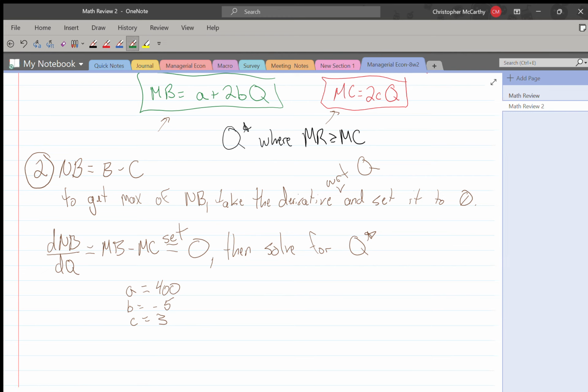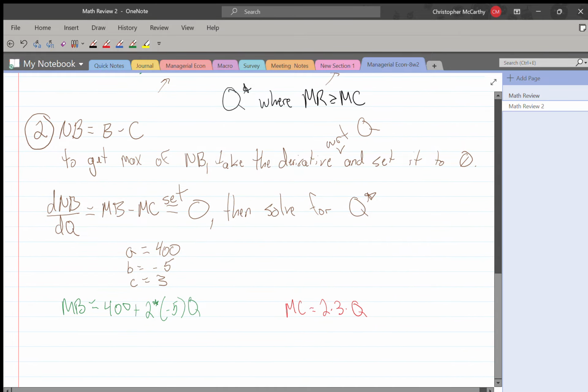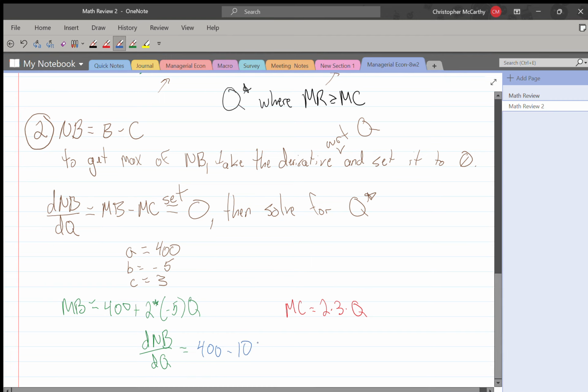And we find that our marginal benefit is equal to 400 plus 2 times -5Q, and then our marginal cost is equal to 2 times 3 times Q. And so putting all of this together, the change in the net benefits is going to be 400 minus 10Q minus 6Q.